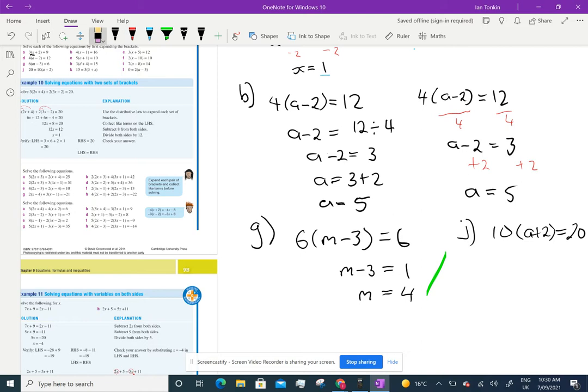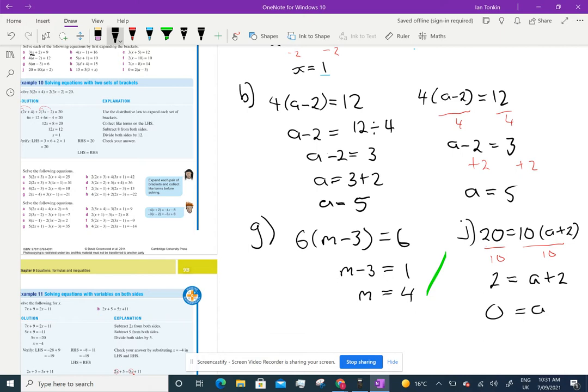I'm going to write it the way they write it because it doesn't worry me. 20 equals 10 times (a plus 2). Divide by the 10. This time I'm going to write it in. So divide by 10, divide by 10. I get 2 equals, I don't need the brackets anymore because the 10 is gone, so I just get a plus 2. I minus the 2, a equals 0.